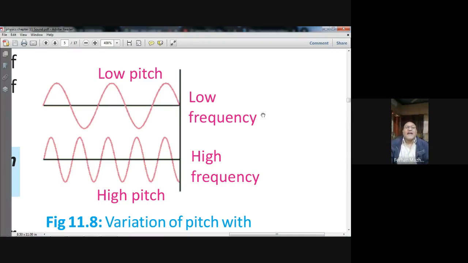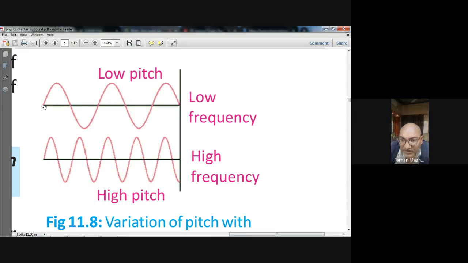Their displacement time graph is shown here. If you look at them carefully, they have the same amplitude. From the mean position, the height of this wave, the amplitude, and the amplitude of this wave are the same. So both the waves will have the same loudness, but they have a different thing.